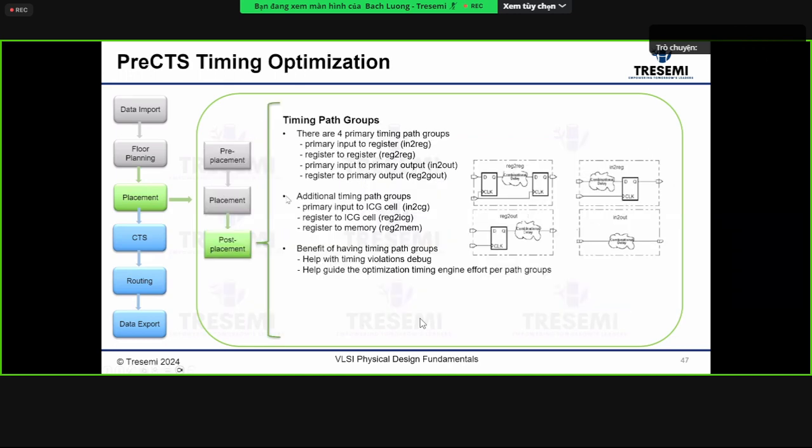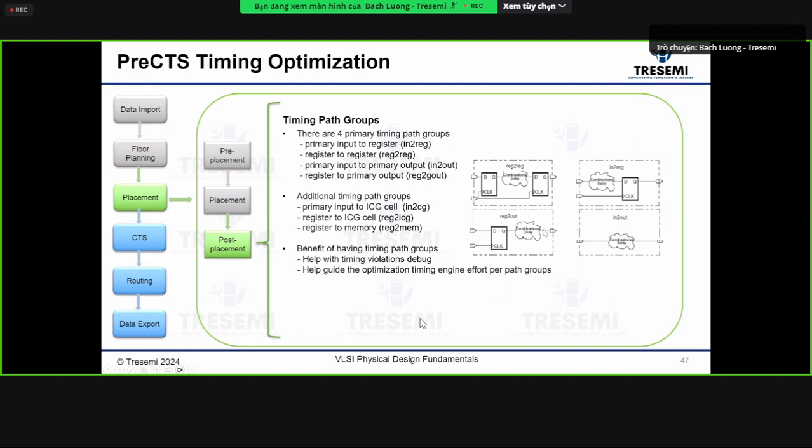When optimizing timing, there's a concept of timing groups. The four basic ones: first, reg to reg, a register-to-register path, the timing path from a flop's clock to the next flop's D. Then reg to out, the timing from a register output Q to the primary output of the design.